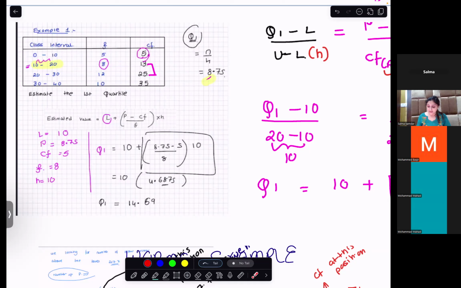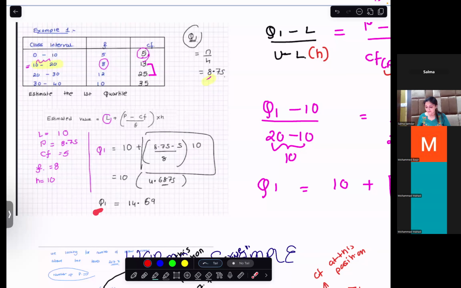Now, when I'm talking about the estimated value, it will be L plus P minus CF divided by F into H. So this is my class, right? This is the L, then plus P. What would be the P? Position, minus cumulative frequency of the previous class, divided by frequency of the current class, into 10, the class width.